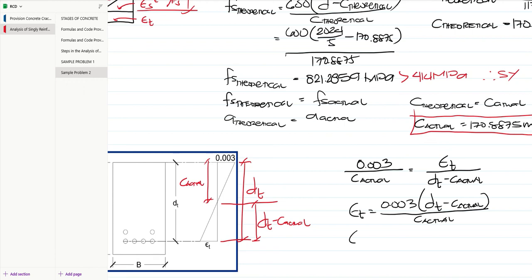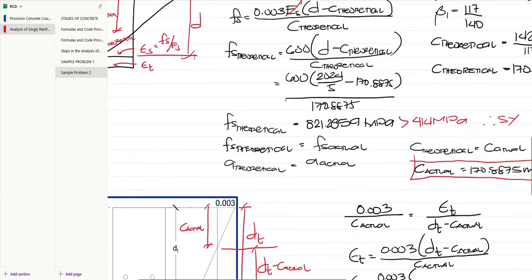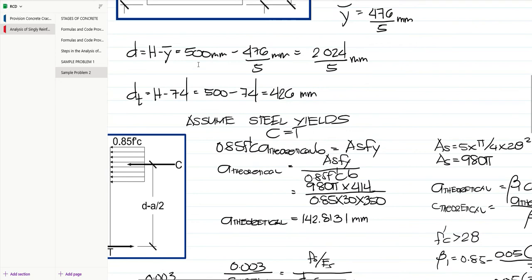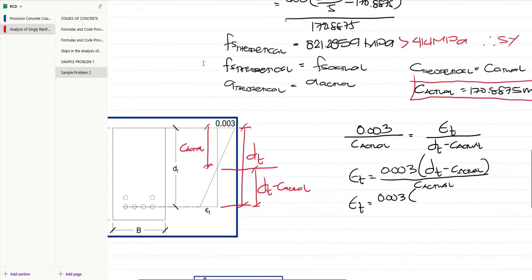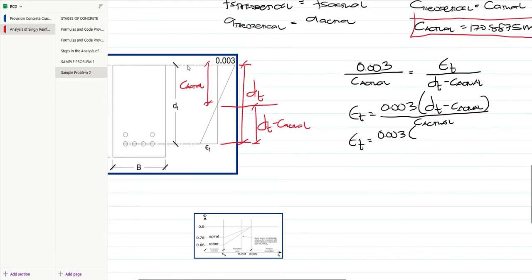So, our epsilon sub t now is equivalent to 0.003 times our dt na nakuha natin kanina, which is 426. So, that is 426 minus C actual, which is 170.8875, divided by 170.8875.